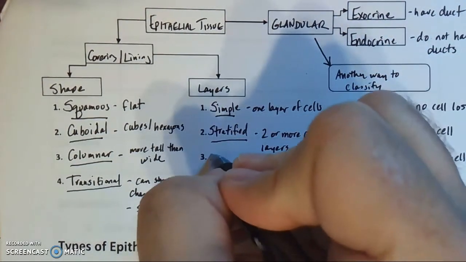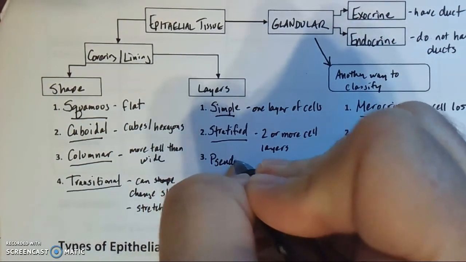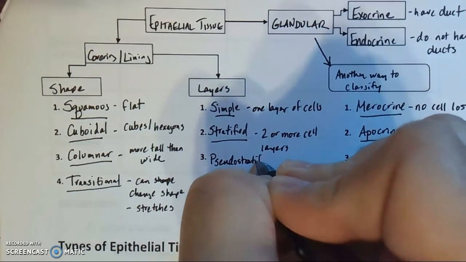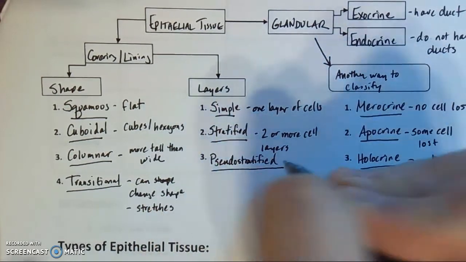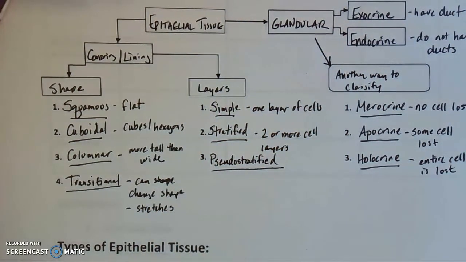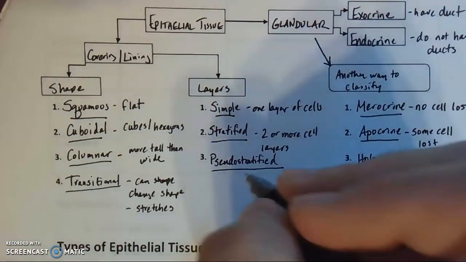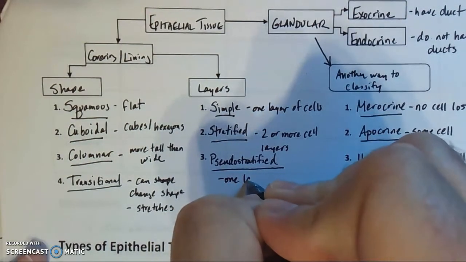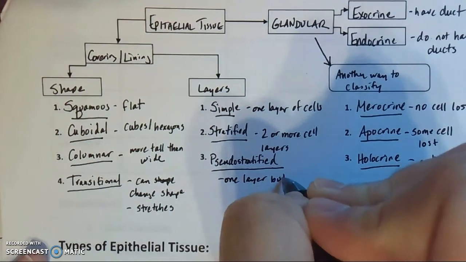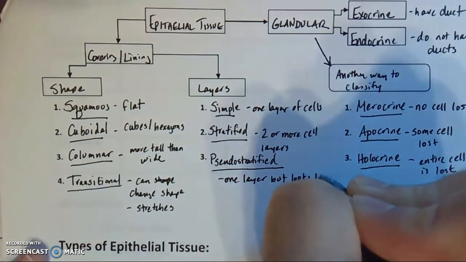Or it can be pseudostratified. And pseudo in front of something means false. So this appears to be stratified, but really is one layer. So it's one layer, but looks like more.